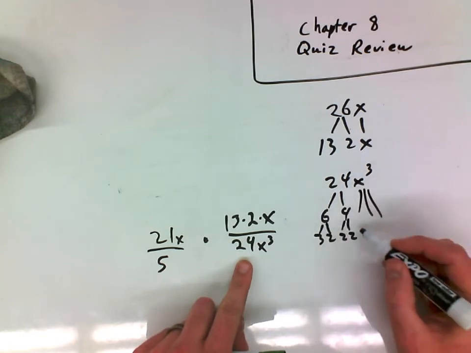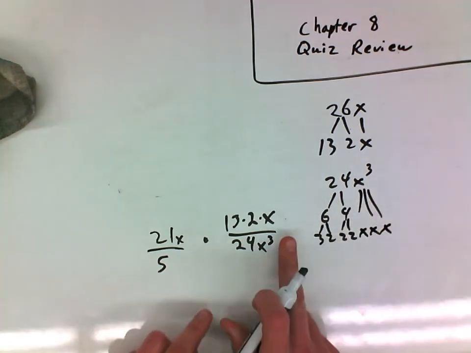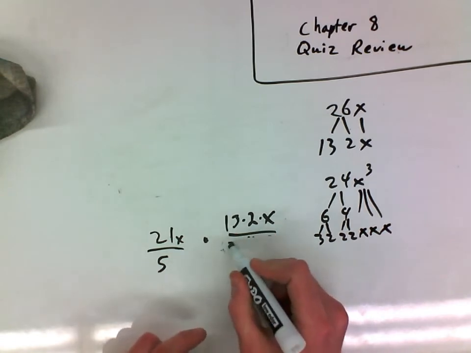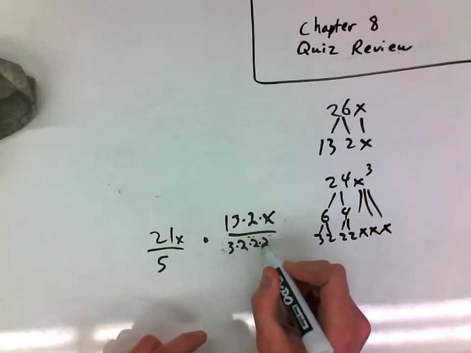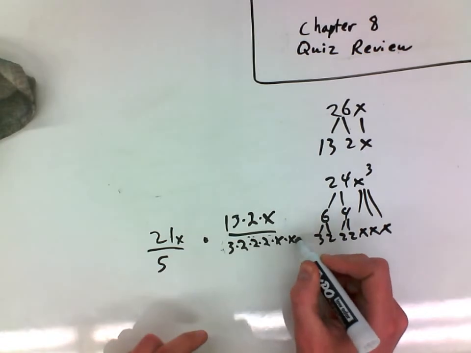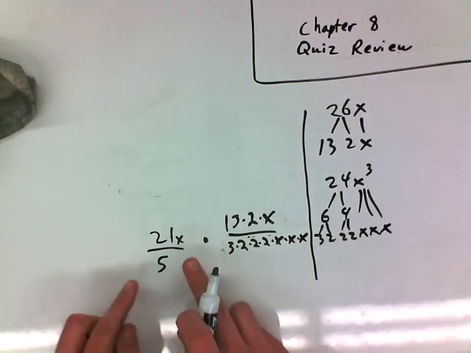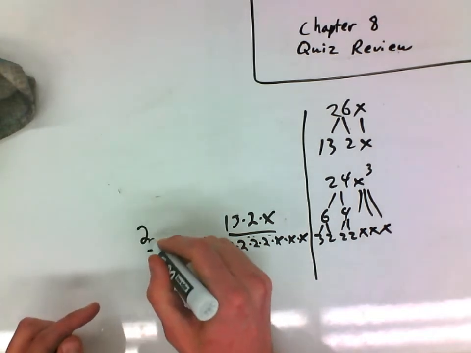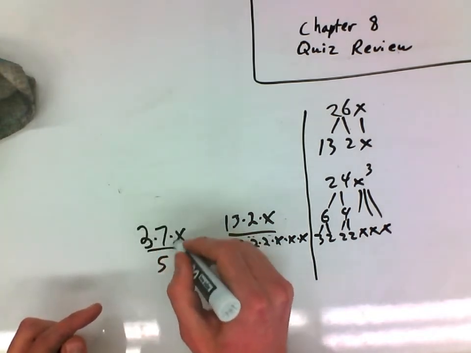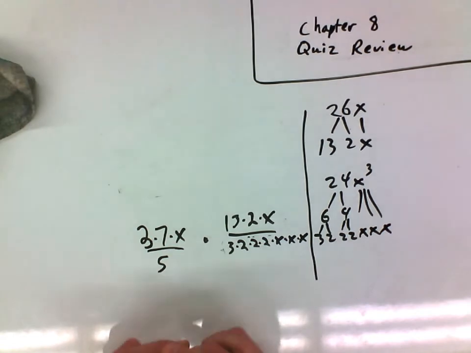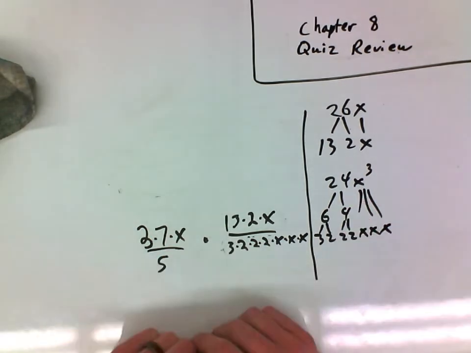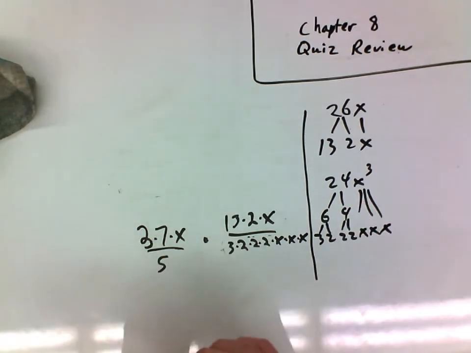So I'm just making the prime factorization for this. And so I can rewrite that, and 21x is just 3 times 7 times x. Okay. So I got both my fractions expanded.